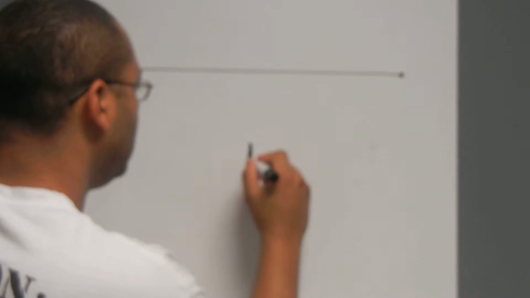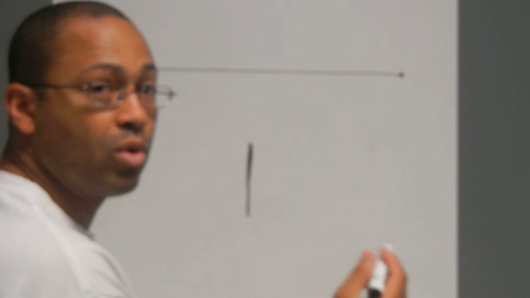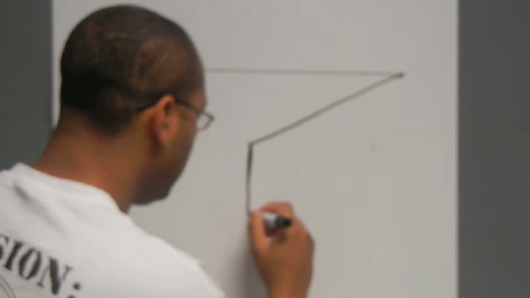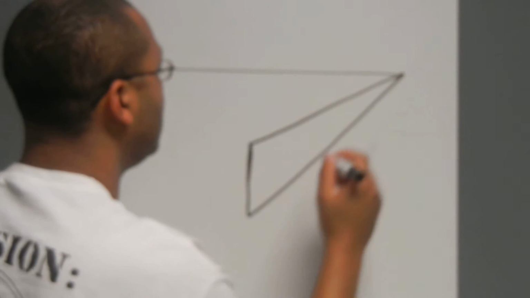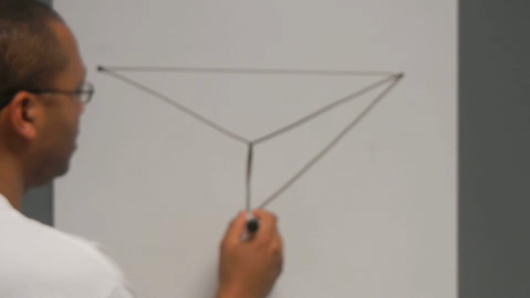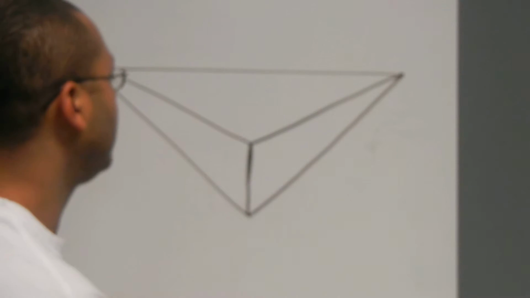So let's say that's the top of one building, or at least the corner of one building. That goes to that point. That goes to that point. This one to there. This one there. Kind of missed it, but okay.